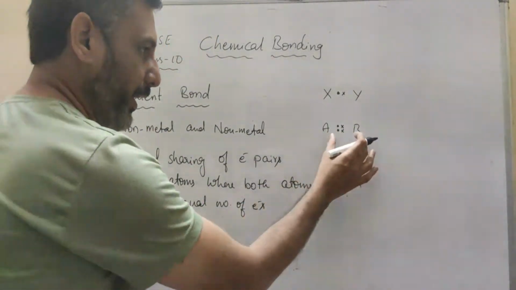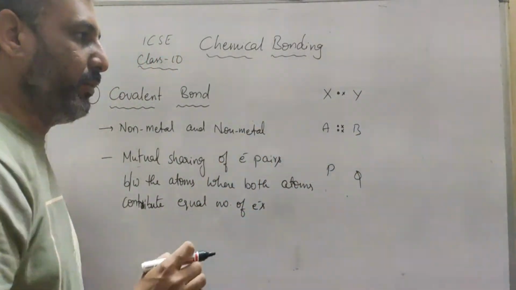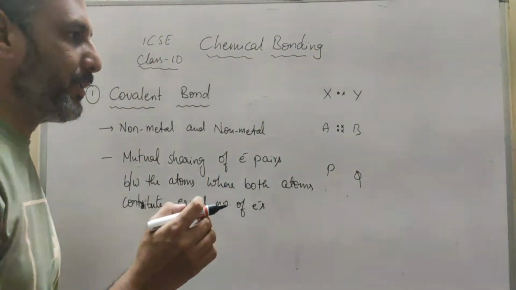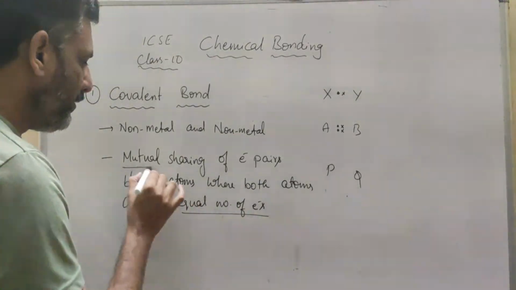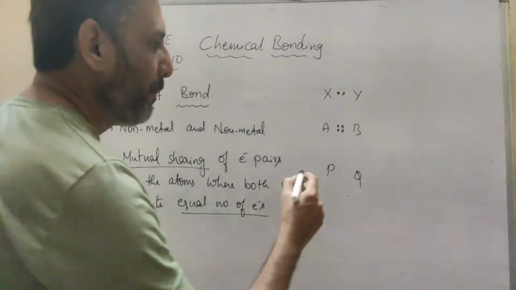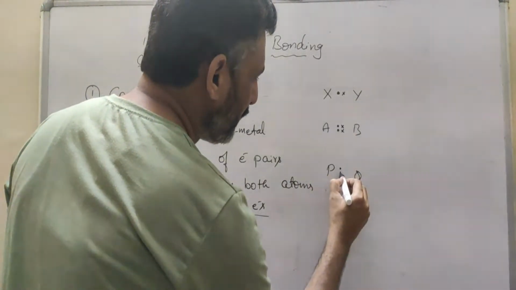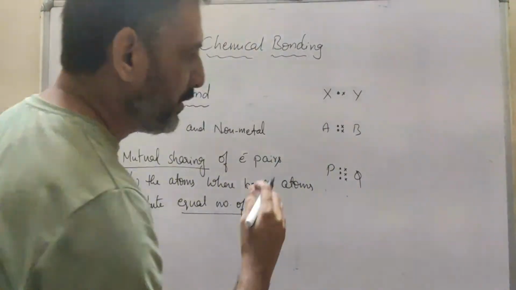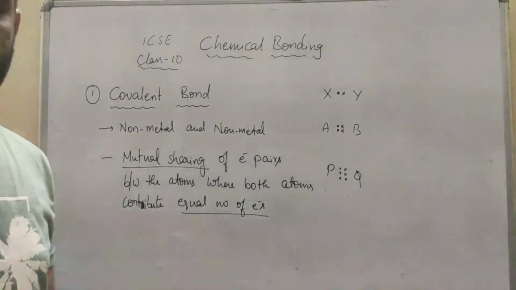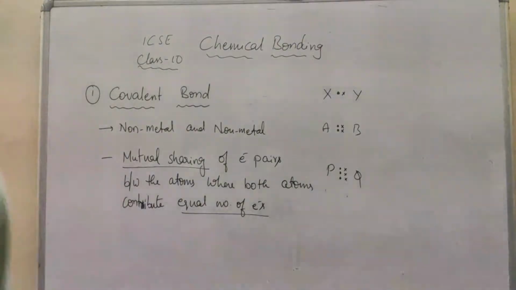So the atoms participating in the covalent bonding both contribute an equal number of electrons and they share them mutually. So if P is contributing 3 electrons, from Q also 3 electrons will be participating in the bonding.